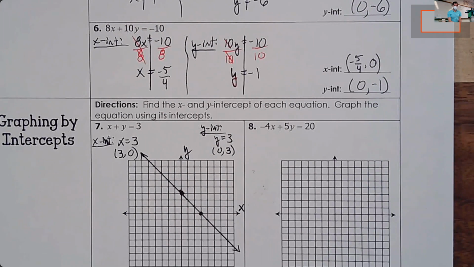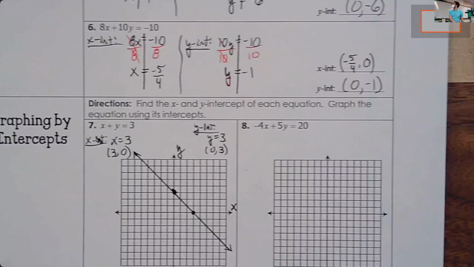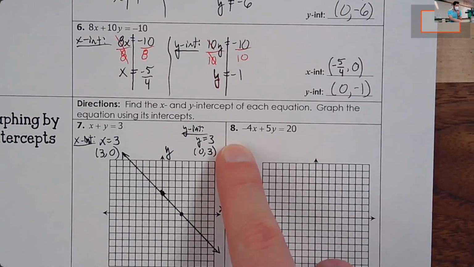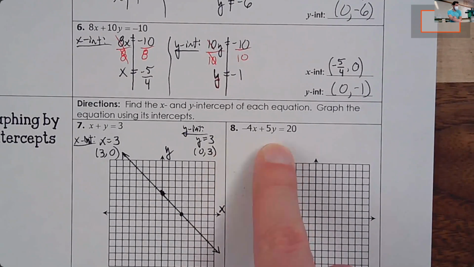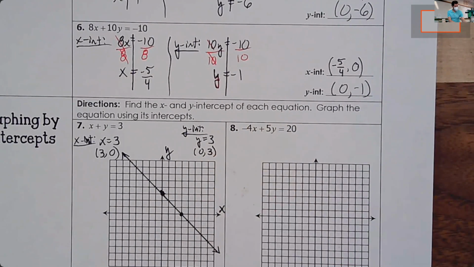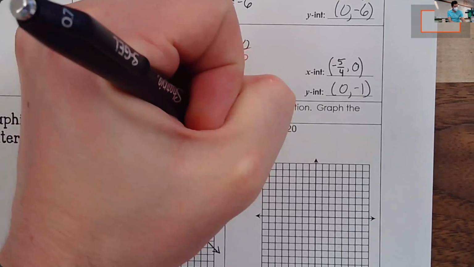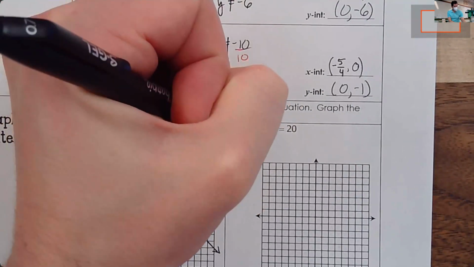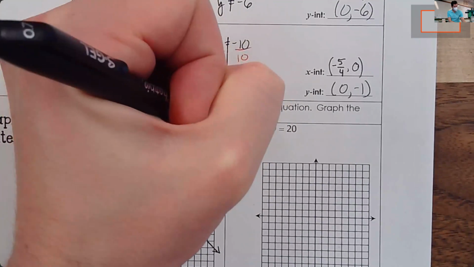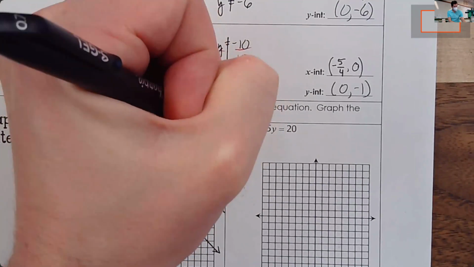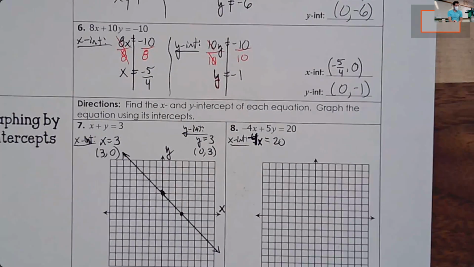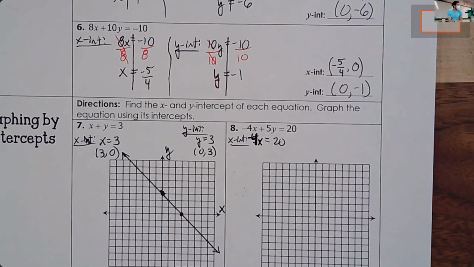All right then, number 8, here we go. Number 8, the x-intercept means we're plugging in 0 for y and solving for x. So plug in 0 for y, the 5y goes away completely. The y went away. -4x equals 20. How do we get x by itself?